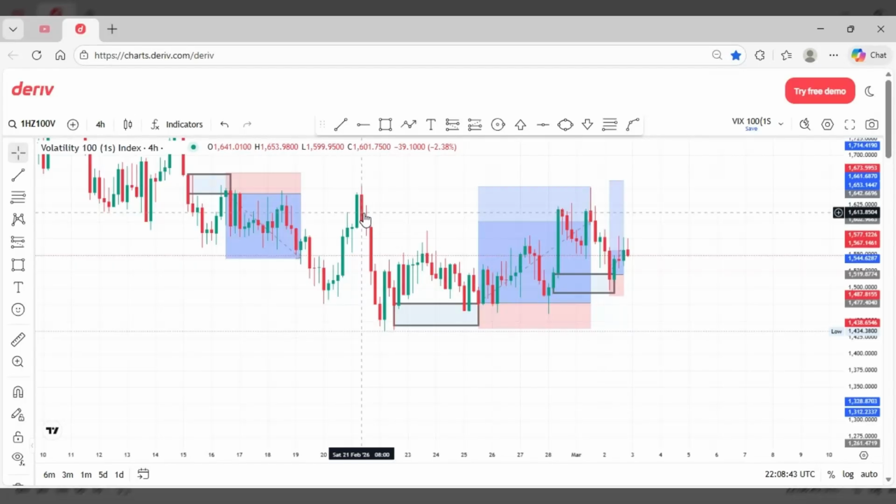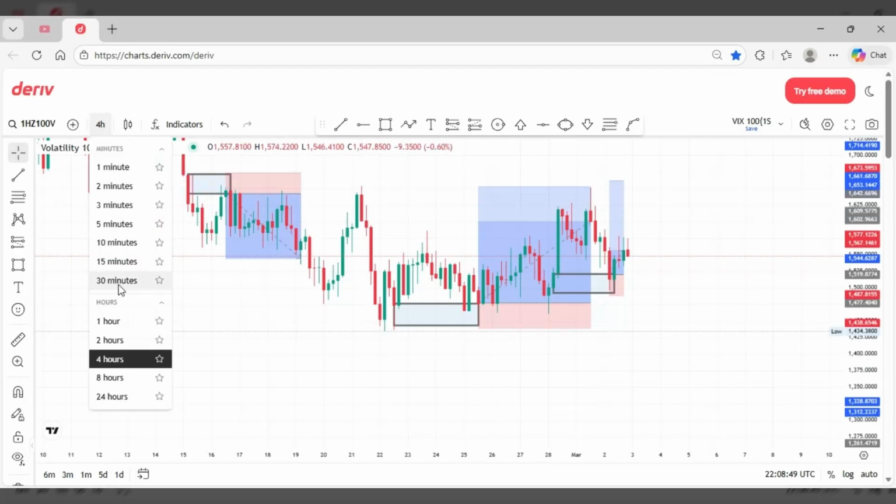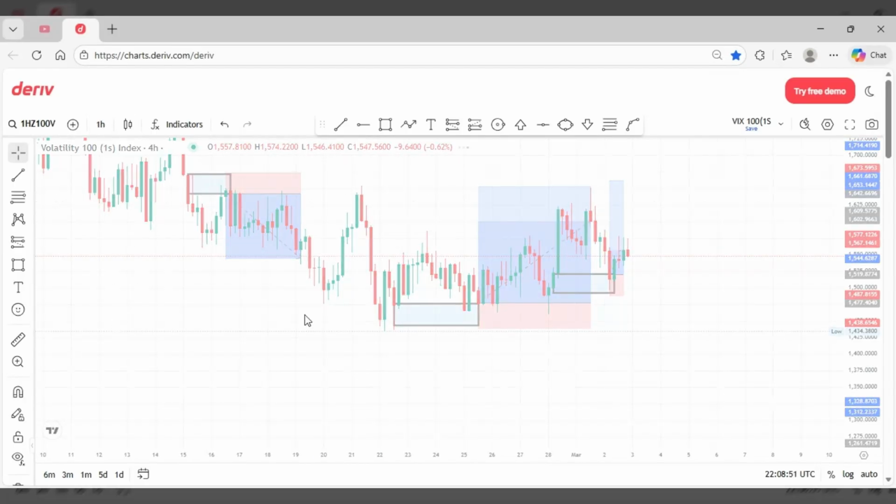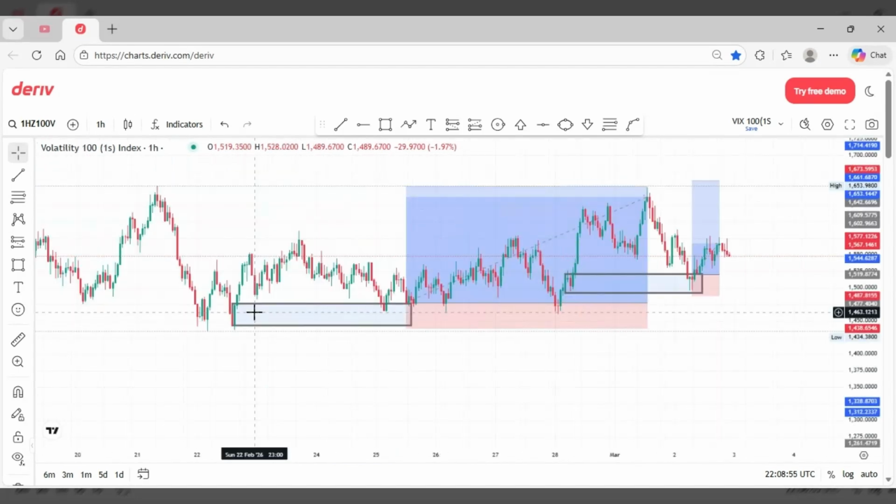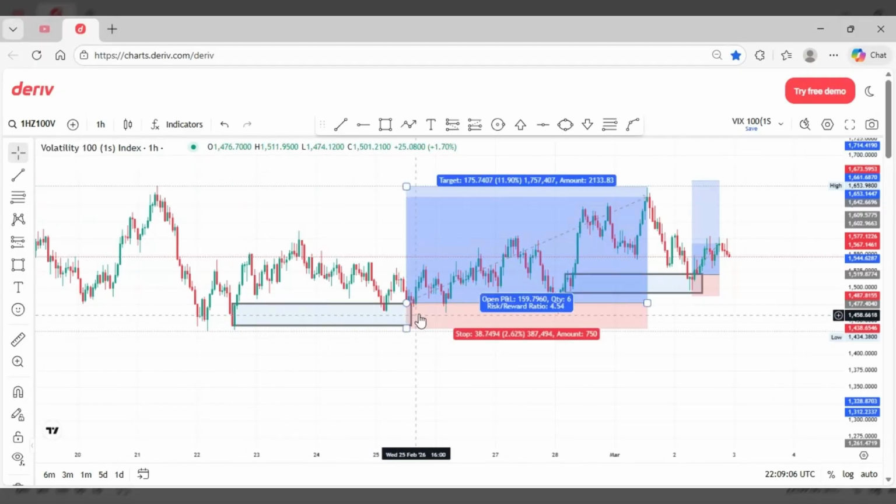Now, after spotting my inducement, where should my area of interest be? And that is exactly what I spot from H1. Now I draw it. I use this order block here as my area of interest.